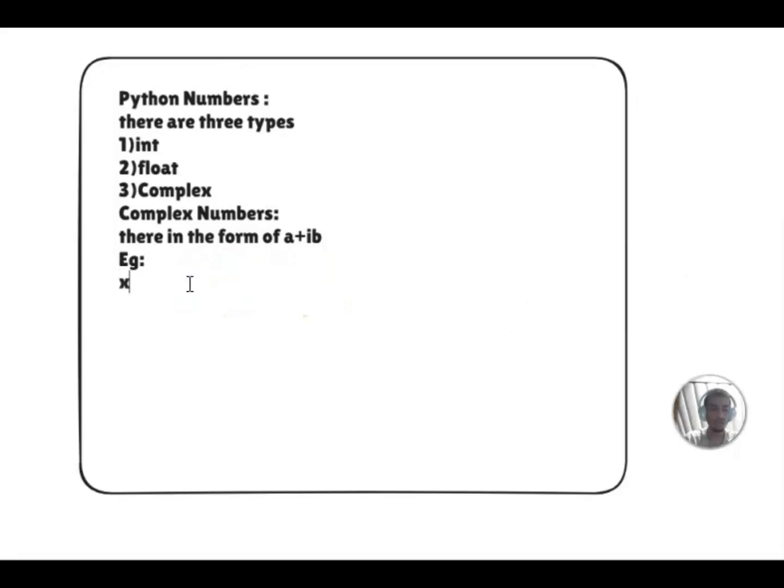Let's create a variable x equal to 4 and y equal to 3 and z equal to 2 plus i4. Now let's print the types.